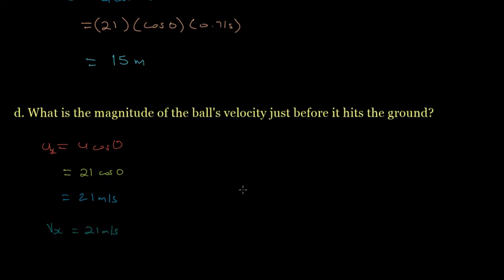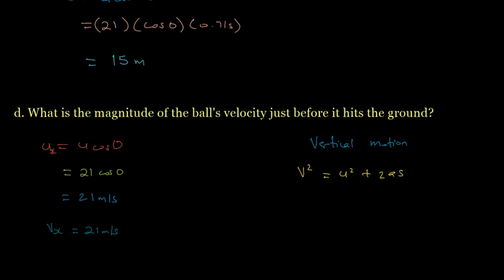Now what we need to do is find the final vertical velocity. So for the vertical motion, we can consider the equation of motion where v squared is equal to u squared plus 2as.